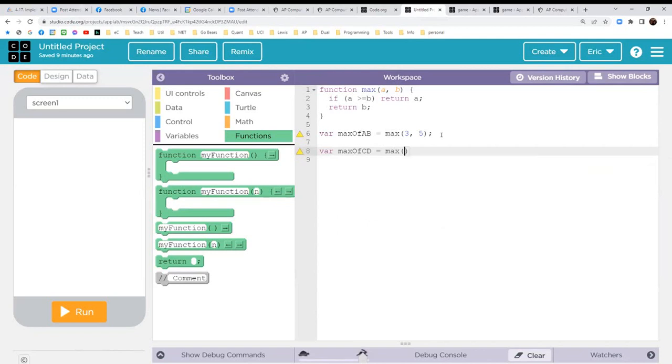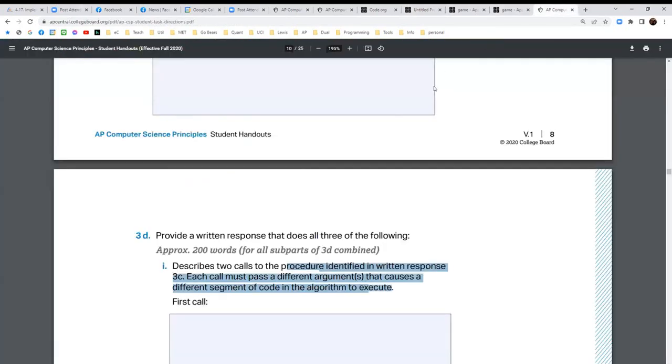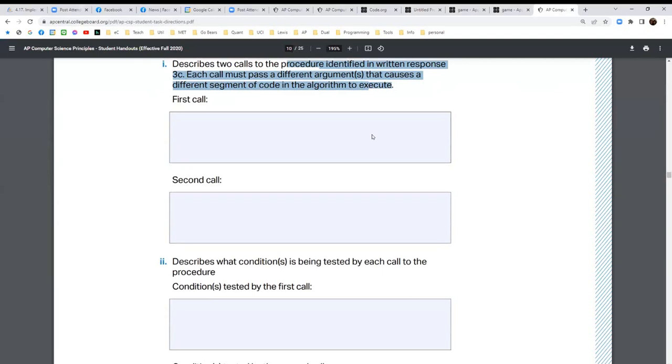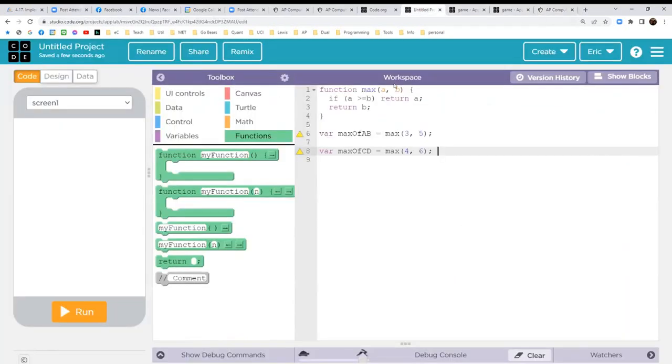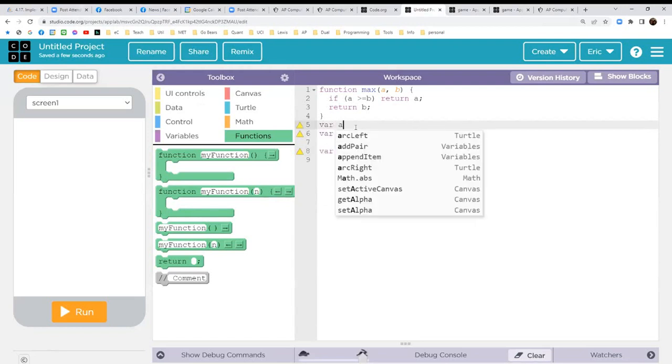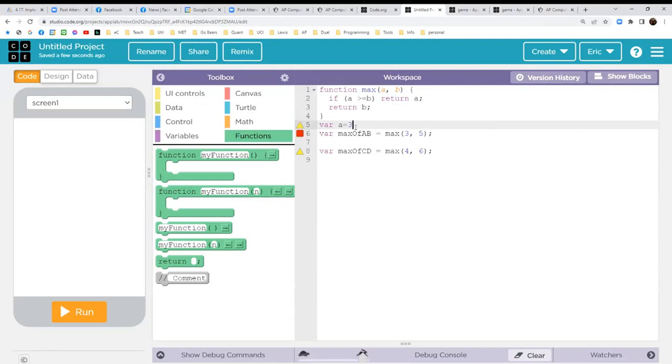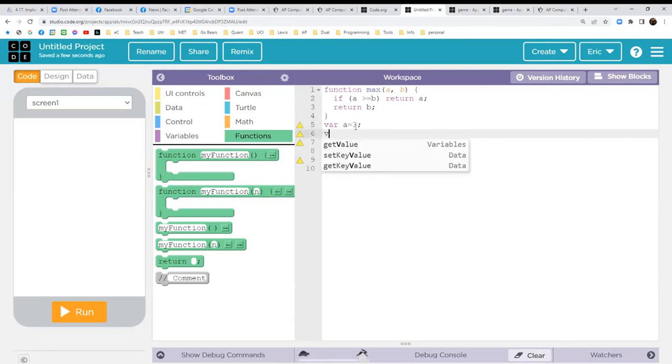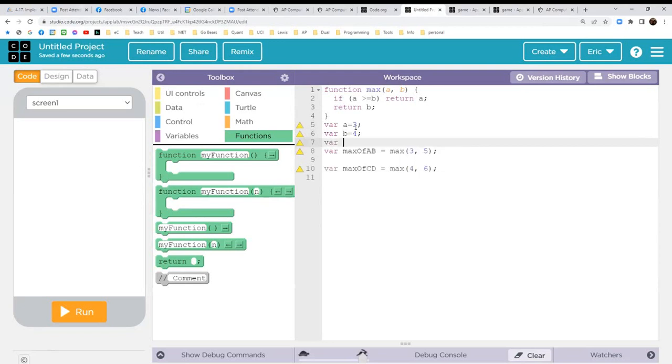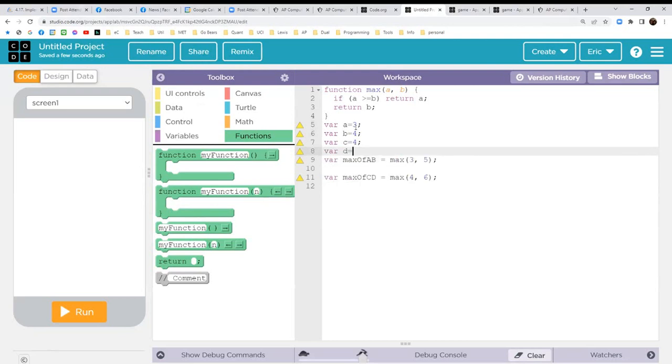So this one I can say I actually call the procedure twice. Okay. Wait, how is that calling it twice? You set up two variables. To set up two variables, yes. So here I can use variable a equals 3, variable b equals 4, variable c equals 4, variable d equals 7.